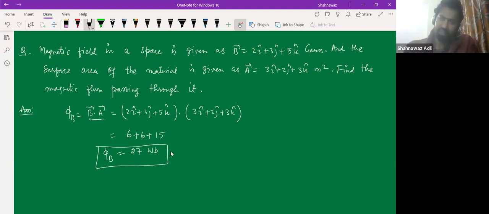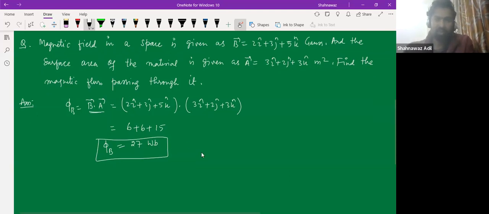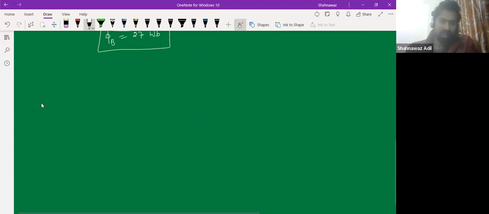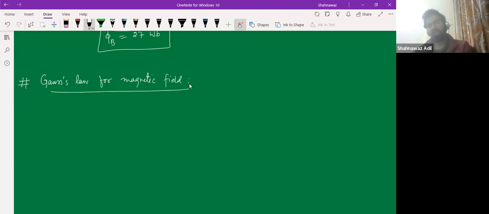Good. Okay, so this is about the magnetic flux. And then the next one is the Gauss law for magnetic field. Again, we'll take the analogy from the electric field. What was the Gauss law for electric field?